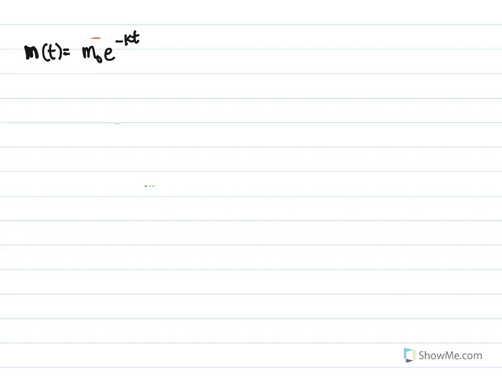The first condition, which is m of 0 equals m naught, ito na yun, kaya siya naging m naught yung C natin. So at t equal to 15 years, m of 15 is equal to 0.99957 m naught.